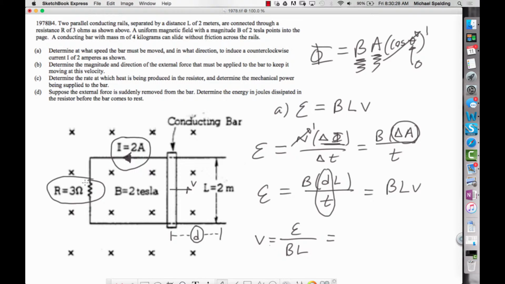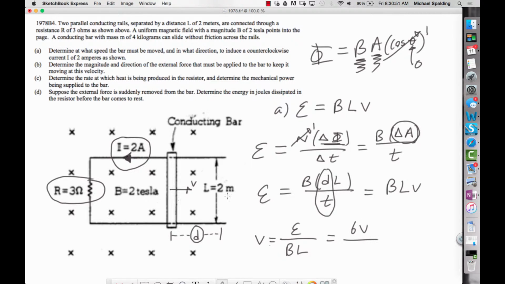Everything else is assumed to have 0 resistance. So just do Ohm's law. You do E equals IR. So going 2 amps through 3 ohms gives us 6 volts. So we know that the induced voltage must be 6 volts.